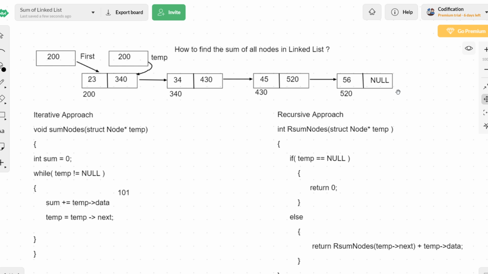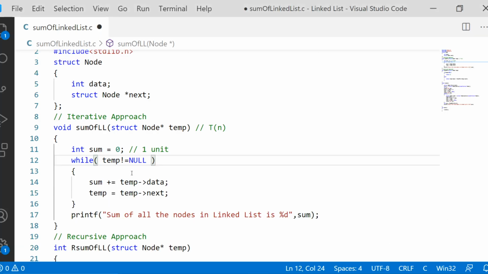Totally 5 times. If n nodes are available, then n plus 1 times the condition will be evaluated. If it is executed one time, it is 1 unit of time; n plus 1 times, it is n plus 1 unit time.